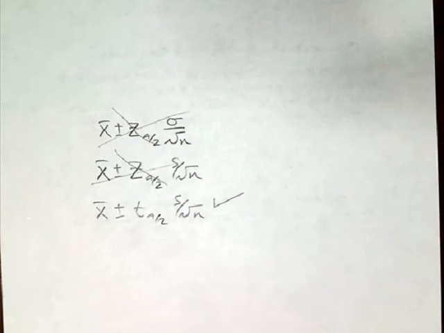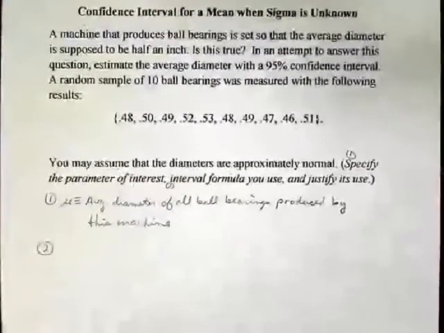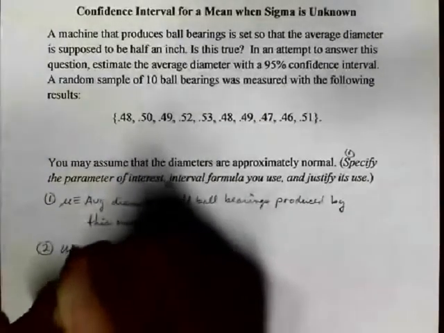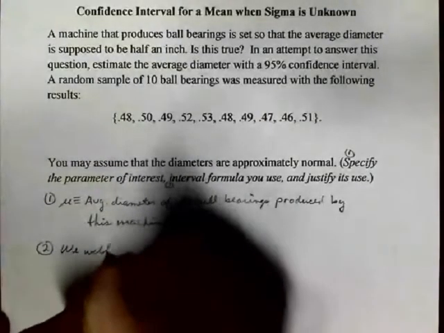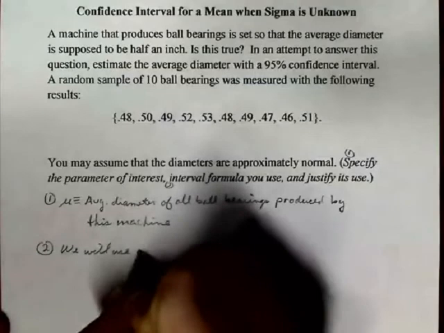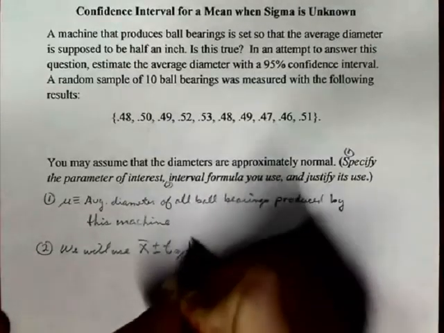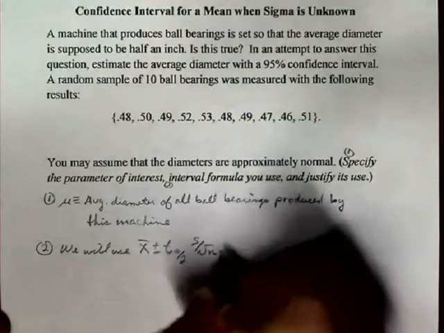Sigma is unknown, and we have normal data, so we can use this interval here. So what I'm going to say here is we will use x bar plus or minus t sub alpha over 2 times s over the square root of n.